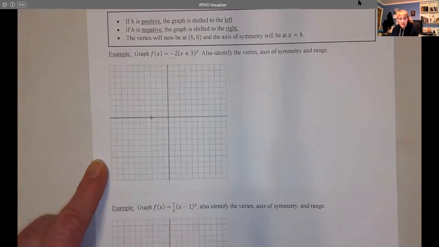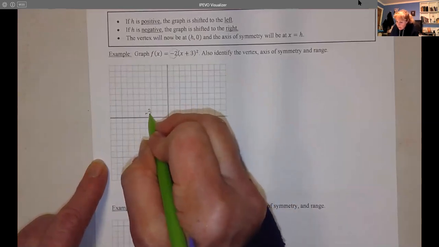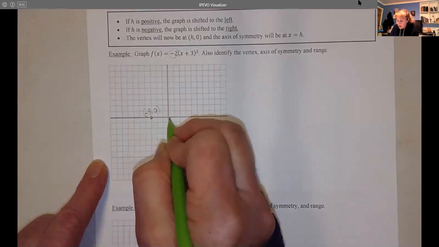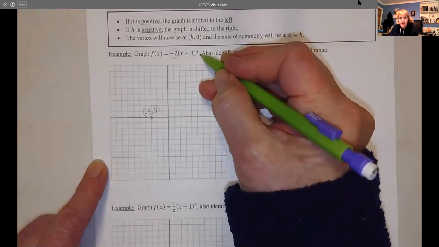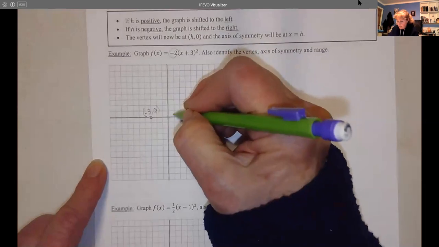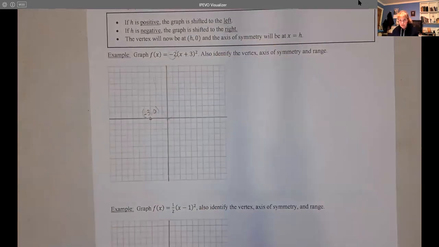Because that's positive. So my vertex is (-3, 0). The reason it's 0 is because I didn't have an adding or subtracting here. I didn't shift it up or down from the basic parent graph at (0, 0). It's not shifted.